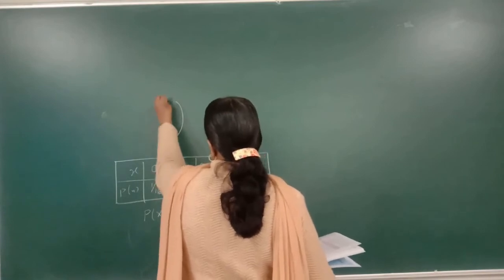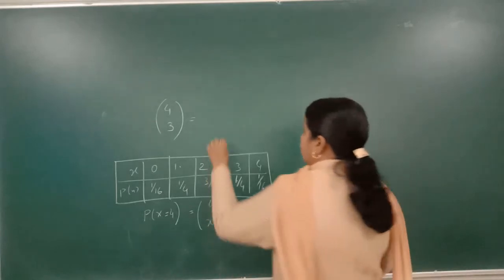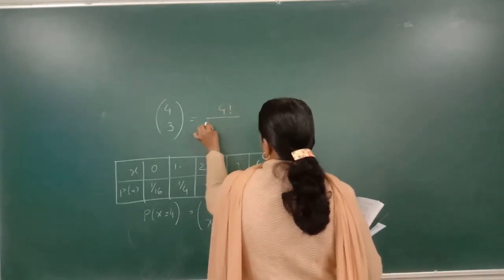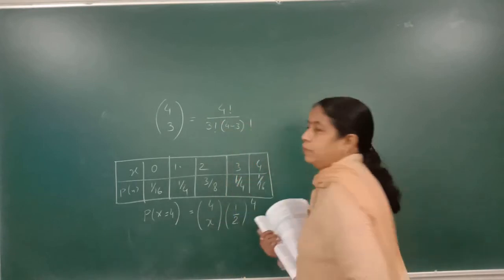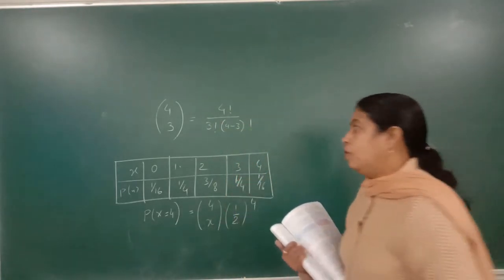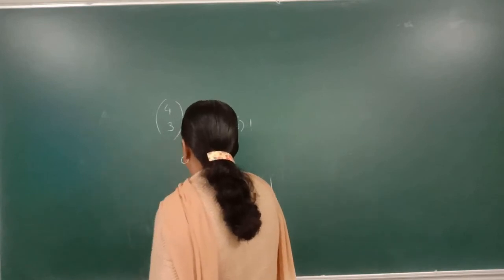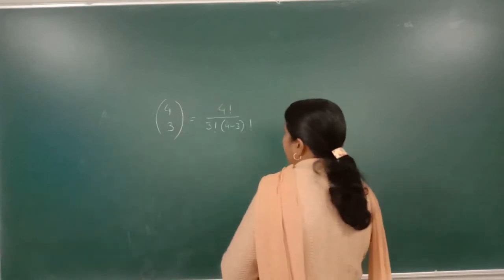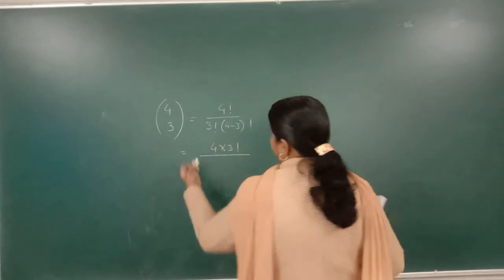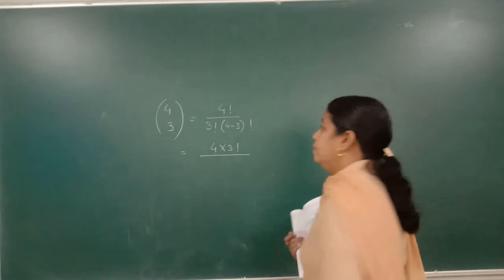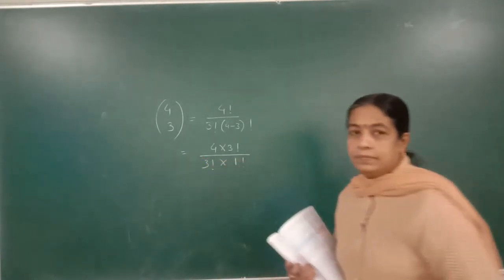If such a case is there, you must have studied this last year. 4C3 is 4 factorial upon 3 factorial into 4 minus 3 factorial. Now, how do we find the value of this? Factorial 4 everyone knows, so I will write it like this: 3 factorial into 1 factorial.